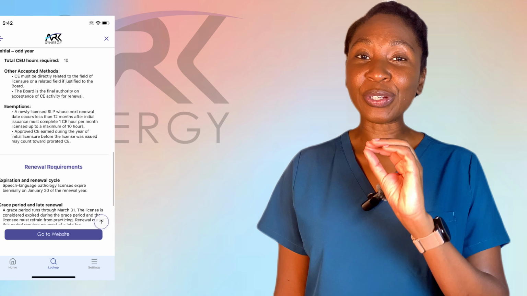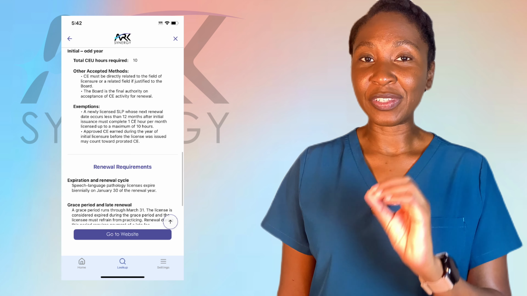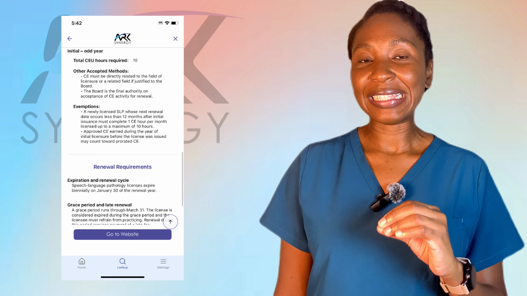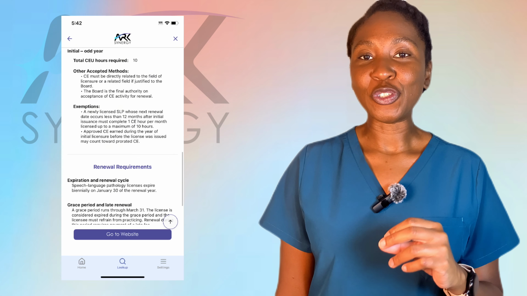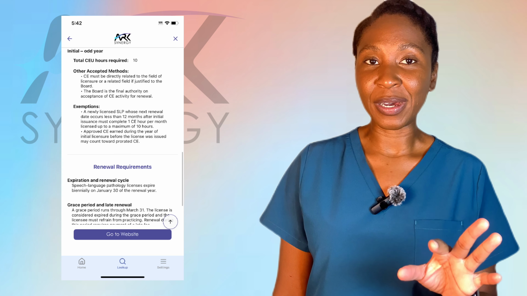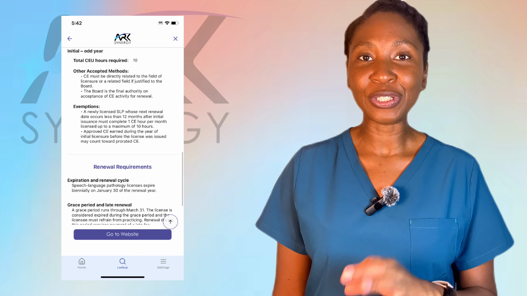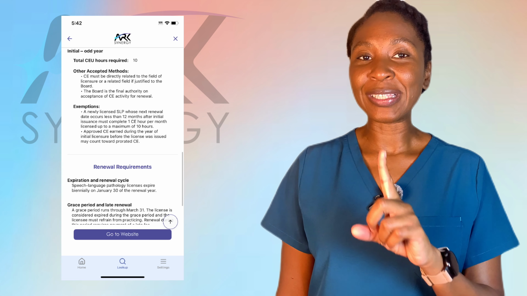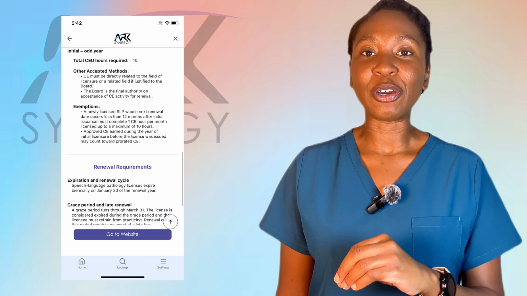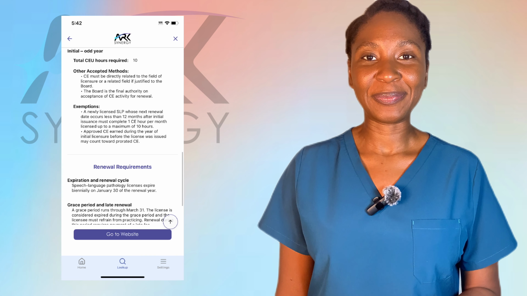If this is your initial renewal, however, the requirement is prorated to 10 CE hours. And for newly licensed SLPs whose first renewal is less than 12 months after the initial licensure, the rule is about 1 CE hour per month licensed, up to a maximum of 10 hours.